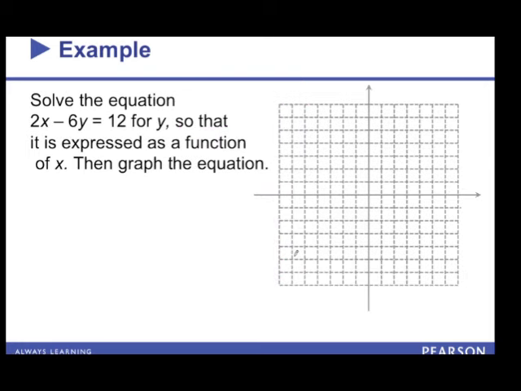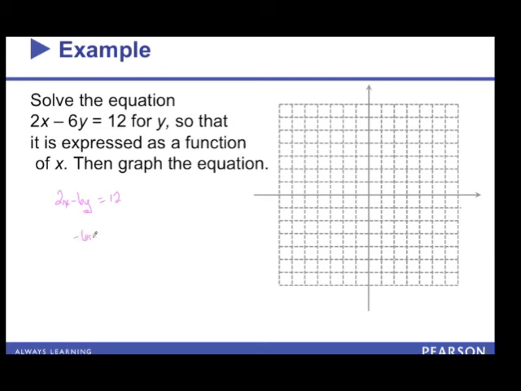We want to solve this equation so it can be expressed as a function of x and then graph the equation. So I have 2x minus 6y equals 12. We're solving it for y, so I'm going to move the x.